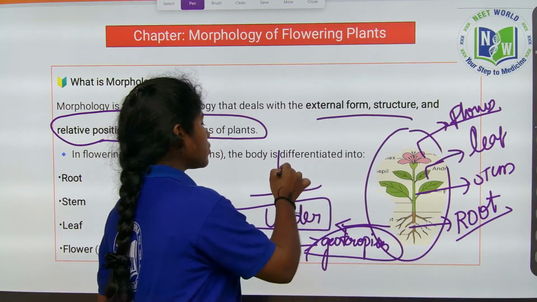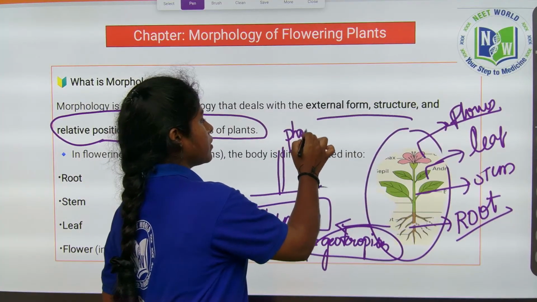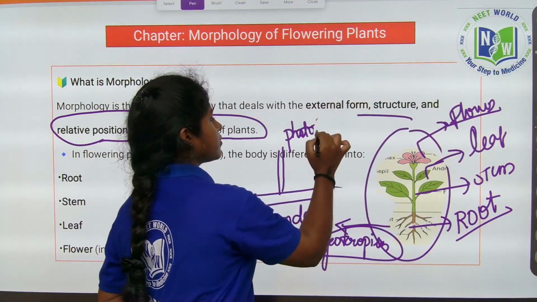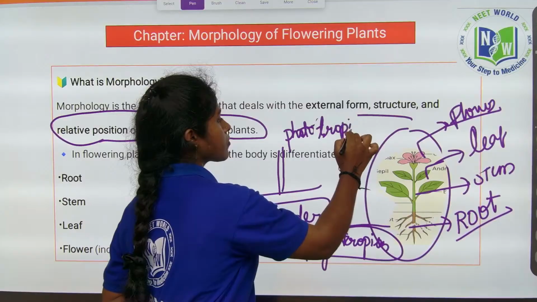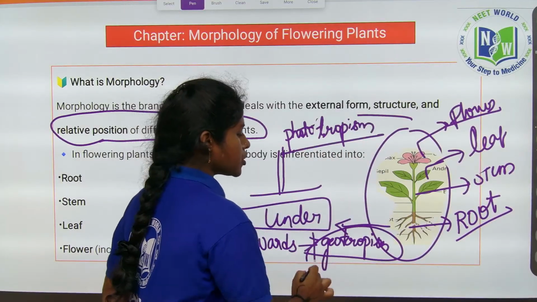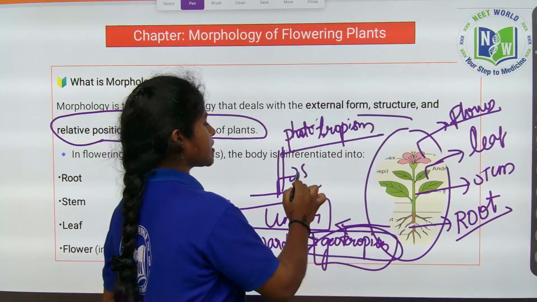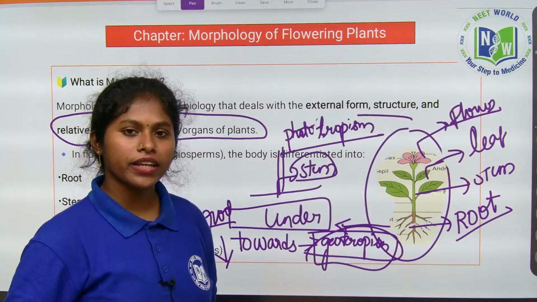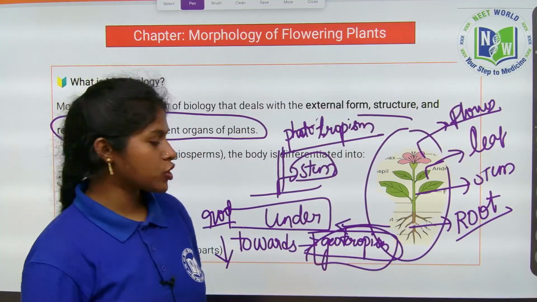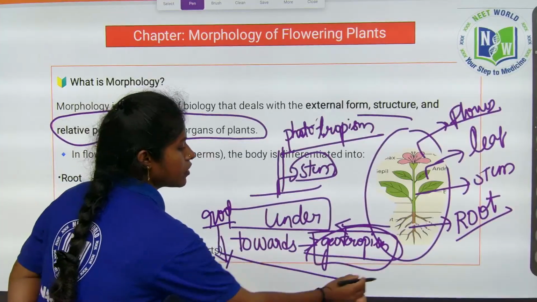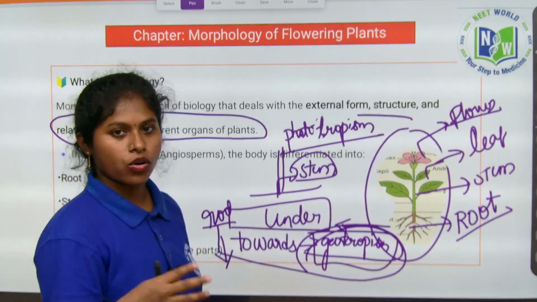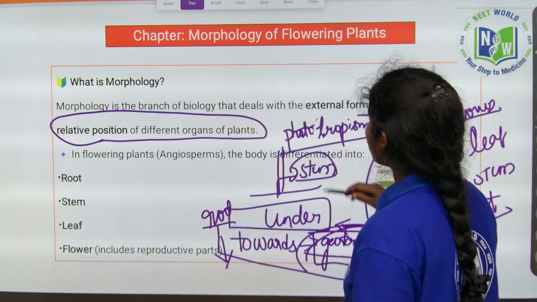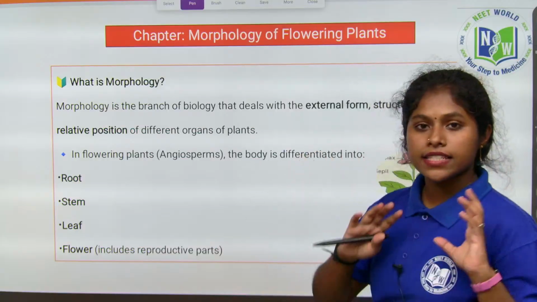The stem grows towards phototropism, towards the light, against gravity. So the root is growing under the soil with geotropism and the stem is growing towards phototropism. These are the external features of the plant.